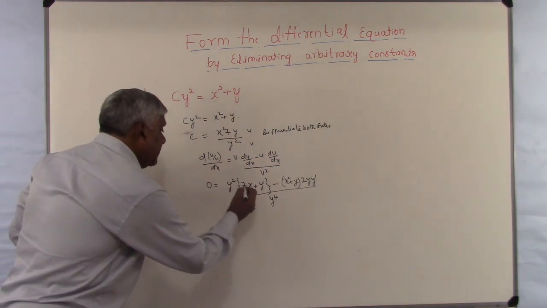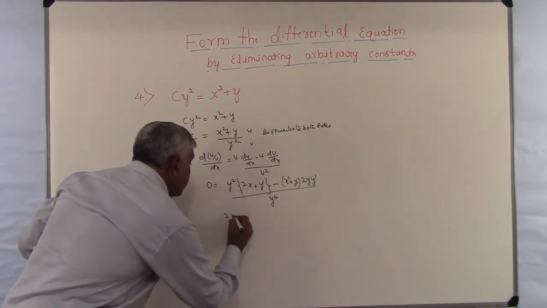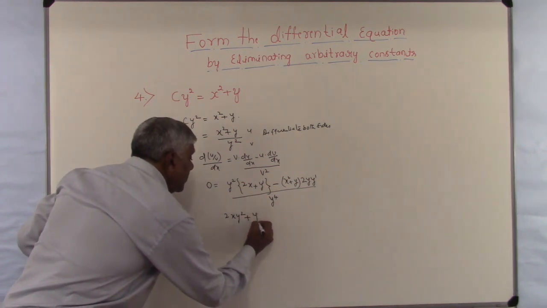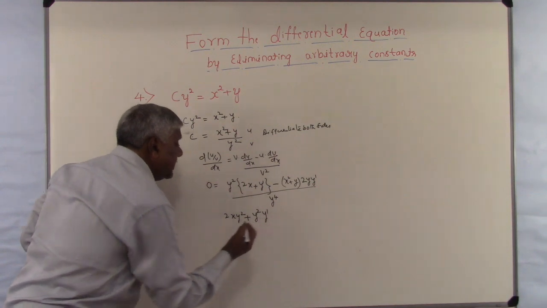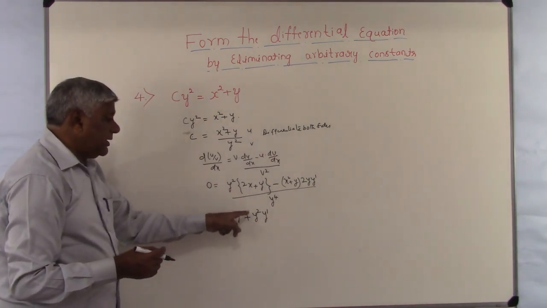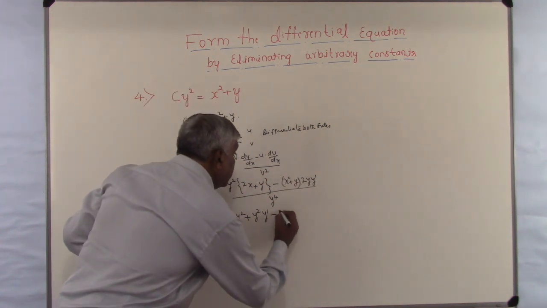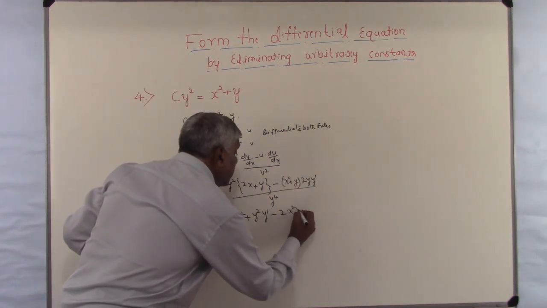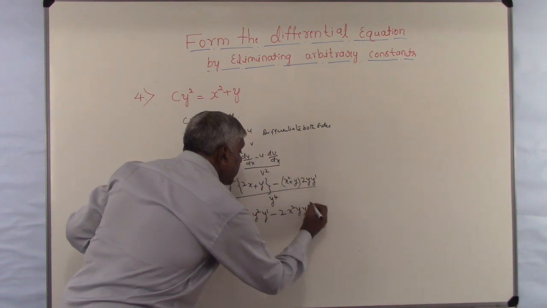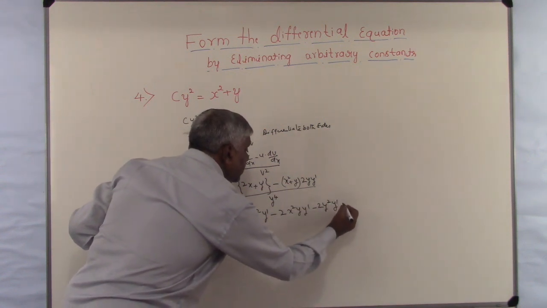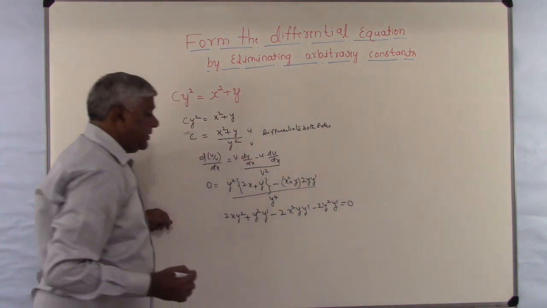This becomes 0. Now it is 2x y square plus y square y dash, minus 2x square y dash minus 2y square y dash. This is equal to 0.